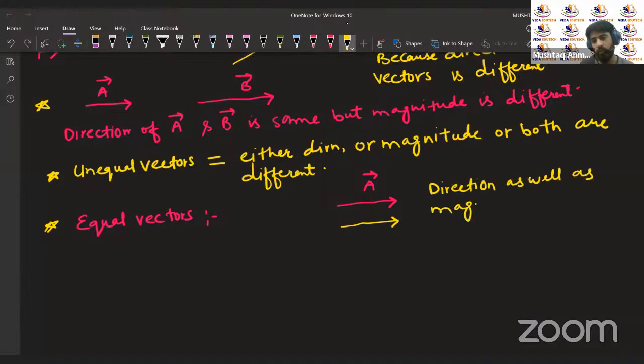Direction as well as magnitude of the vectors is the same. Such vectors we call equal vectors.